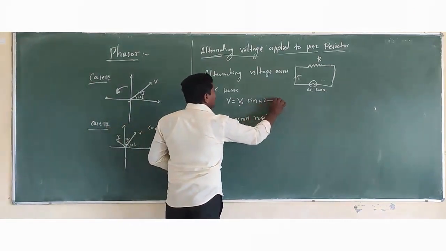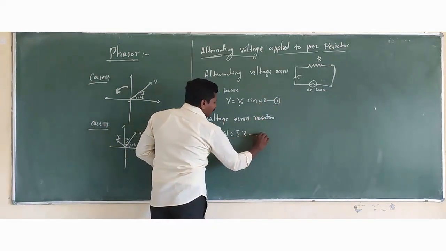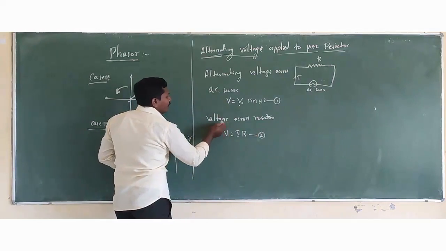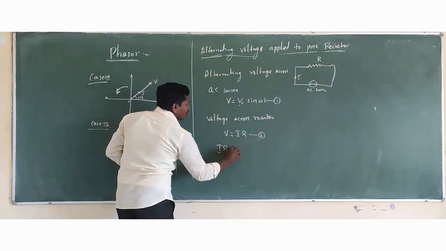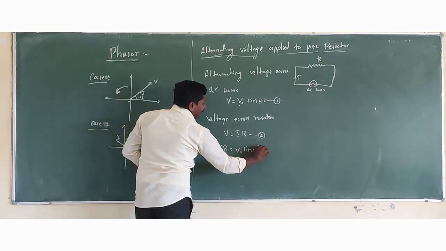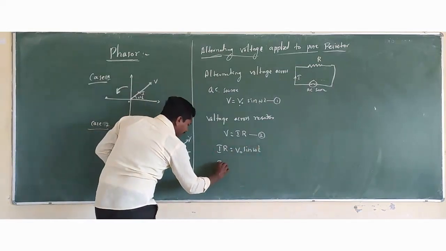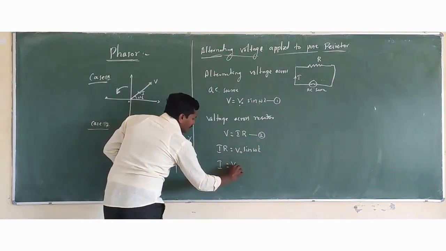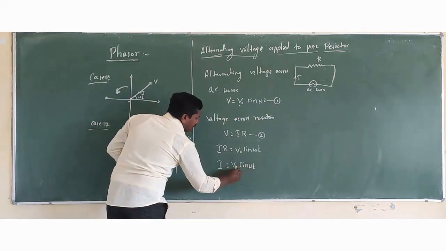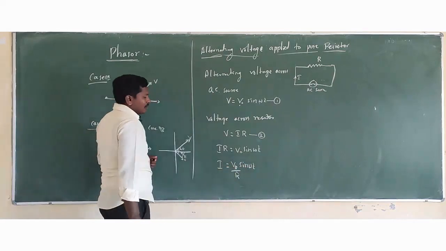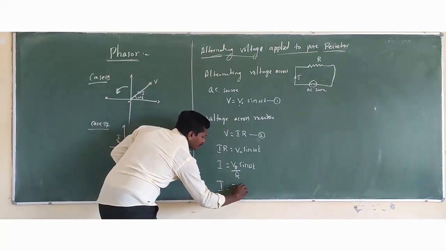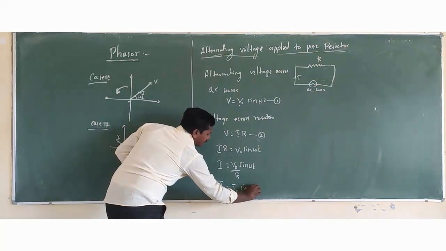Now let us consider the first as equation number 1 and this as equation number 2. Therefore, from equations 1 and 2 we can write IR is equal to V naught sine omega t. If we simplify this, I is equal to V naught sine omega t divided by R. So this can be written as I is equal to I naught sine omega t.